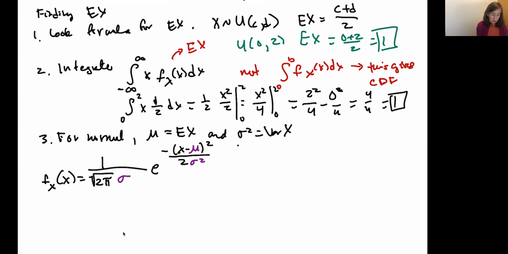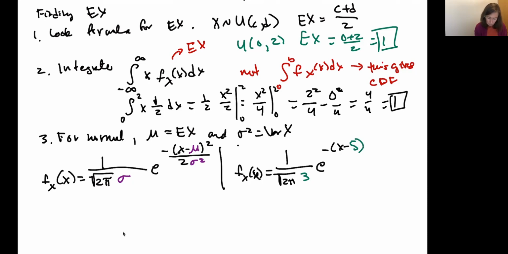So if we saw something like f of x equals 1 over 2 pi times 3, e to the negative x minus 5 squared over 18, what that's telling us is that the expected value is 5.